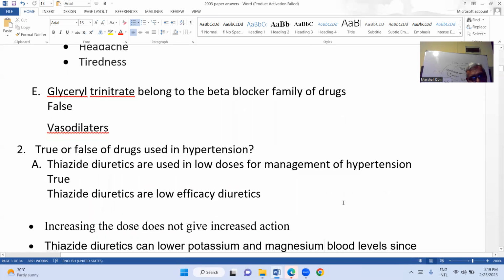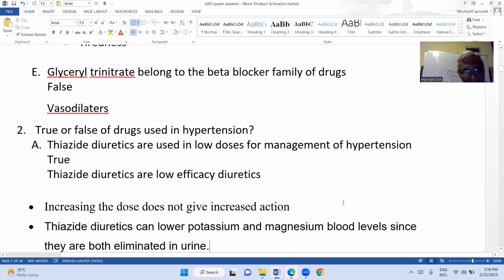Question number 2. True or false of drugs used in hypertension? A. Thiazide diuretics are used in low doses for management of hypertension.